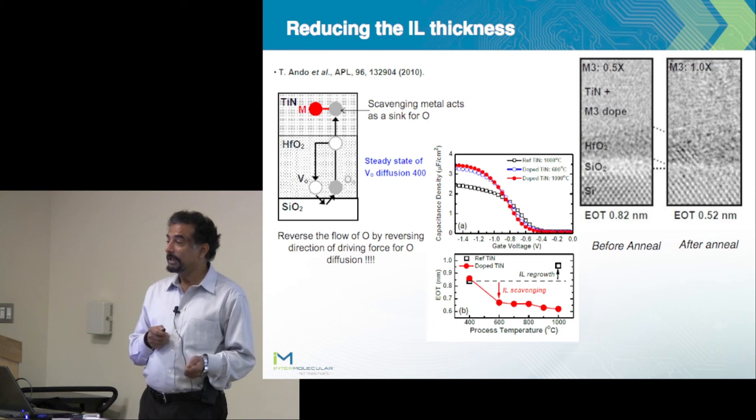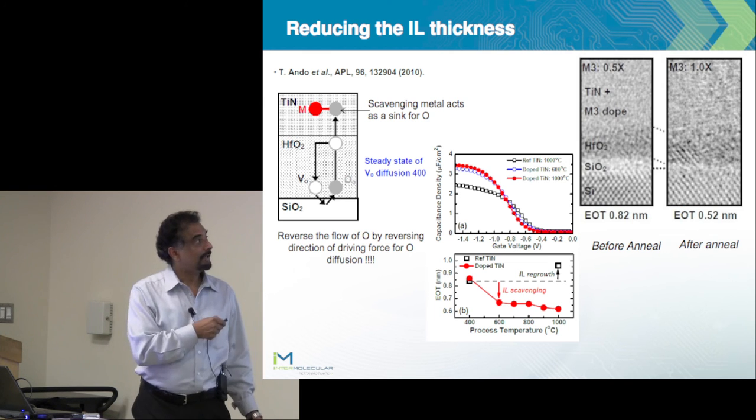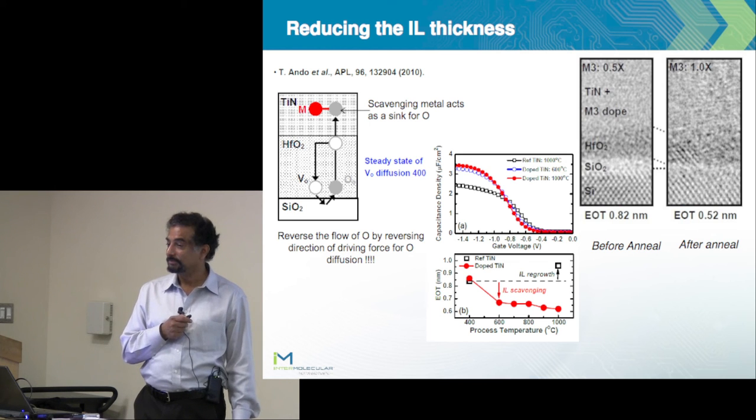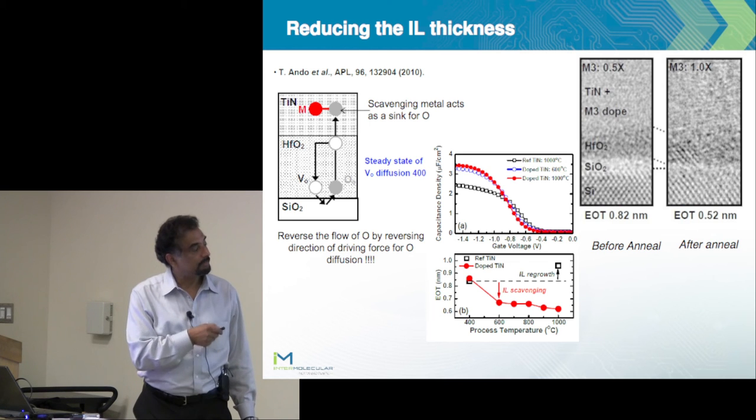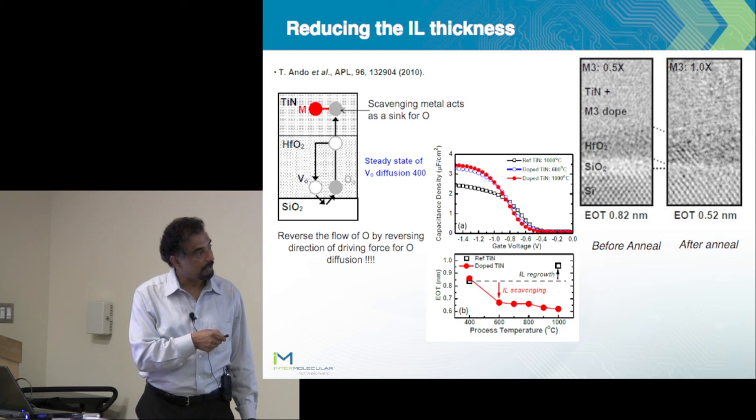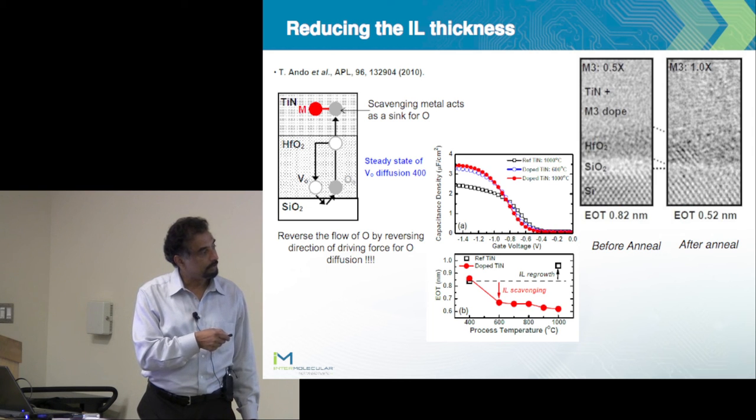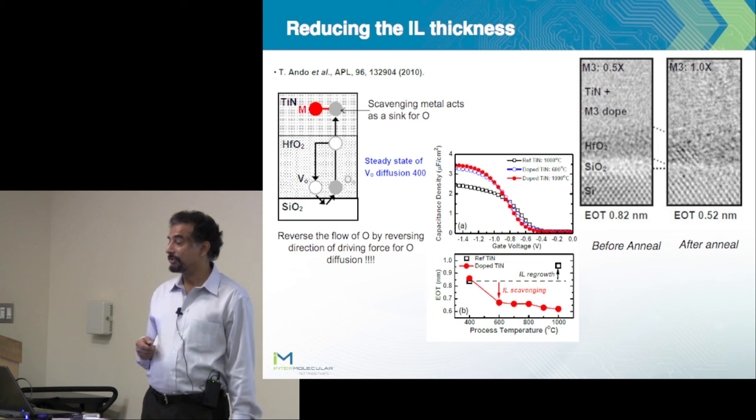Then they actually act as a sink, and now the SiO2 is acting as a source. Here are some results showing that even at 600, if you have a regrowth, now you have just the opposite. You reduce the oxide that you started out with.